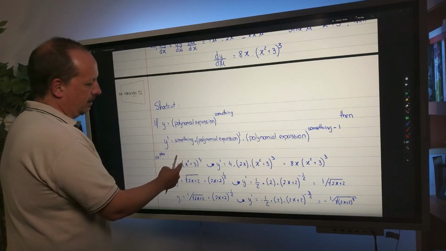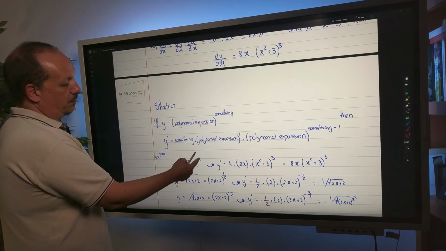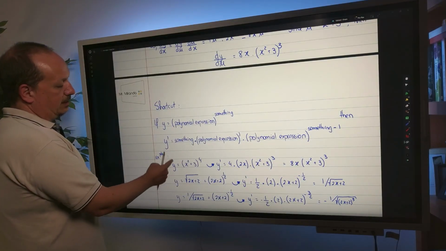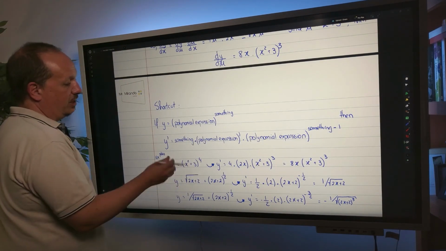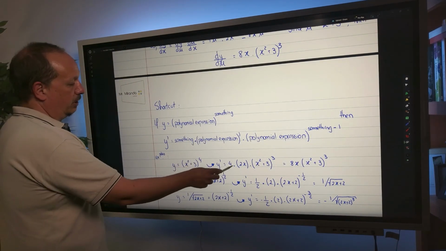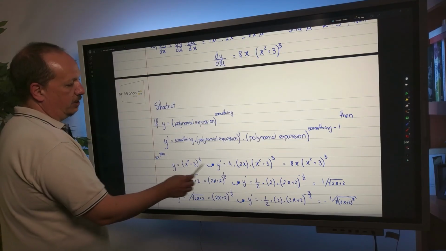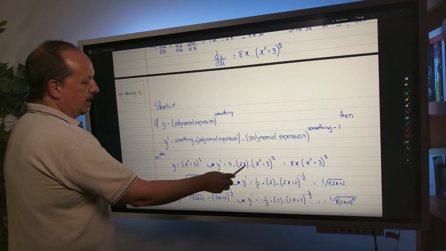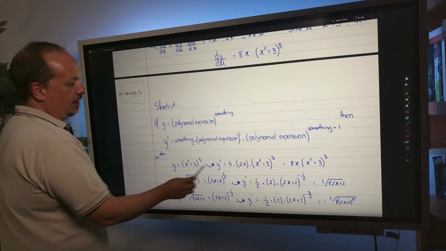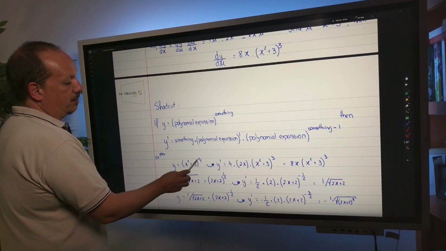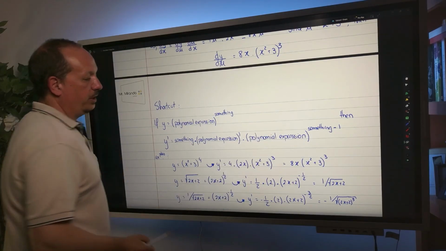So, again, polynomial expression to the power of something. If you want to get the derivative of y, so y dash is just the something, 4, times the polynomial expression differentiated, which is just 2x, times the polynomial expression as is to the power of something minus 1, 3.